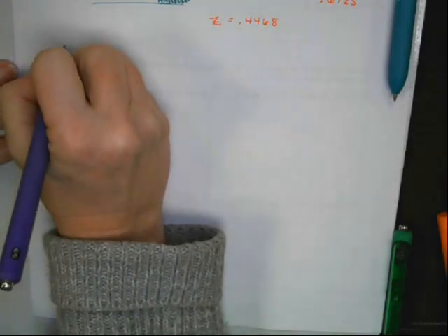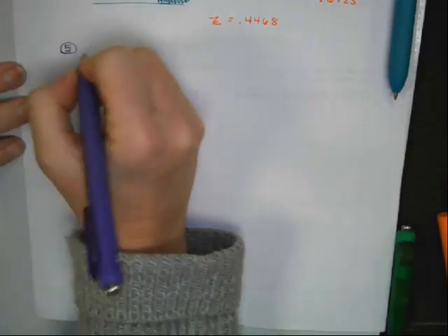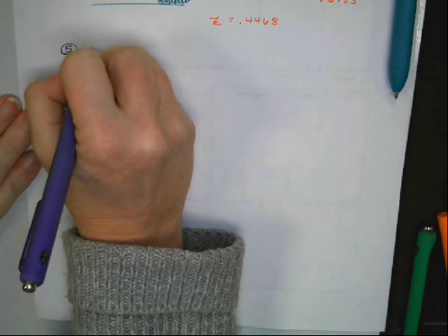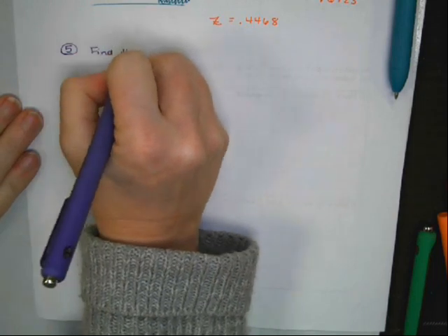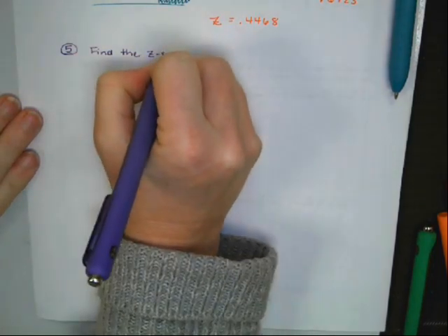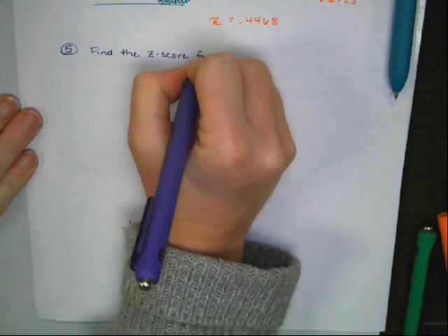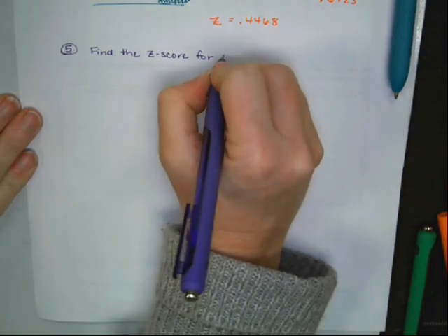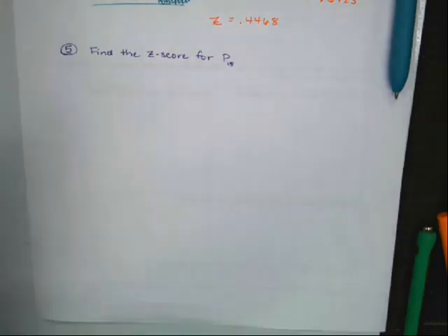So if they give you something that looks like this, it's just a notation thing that we haven't seen a whole lot of. If they give you this, find the z-score for P, capital P, with a 15.